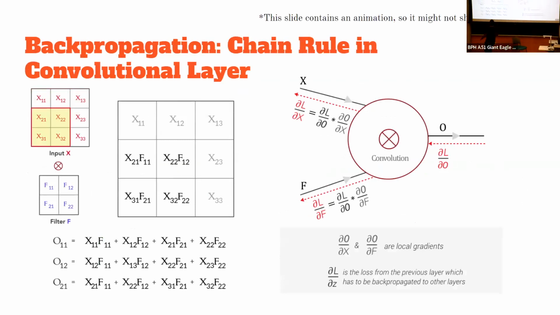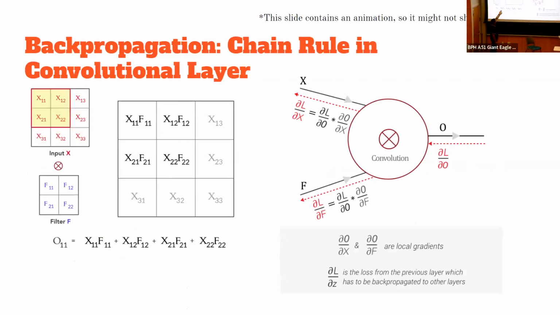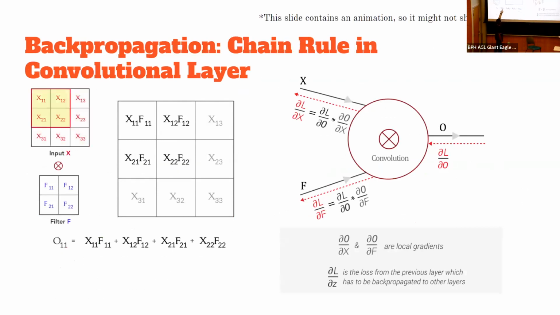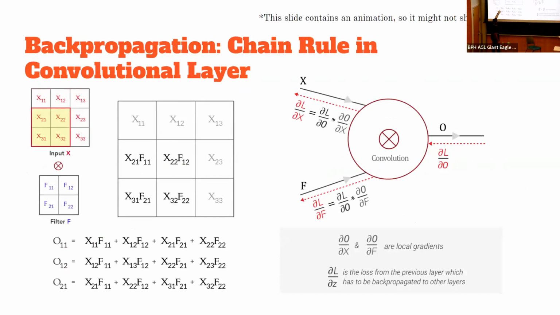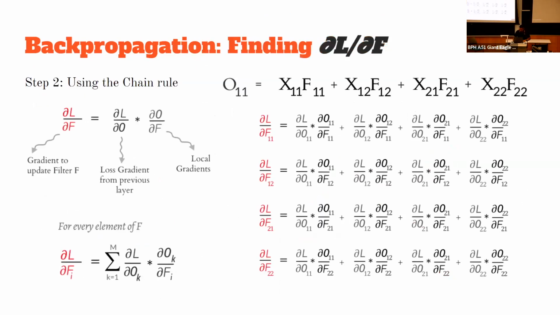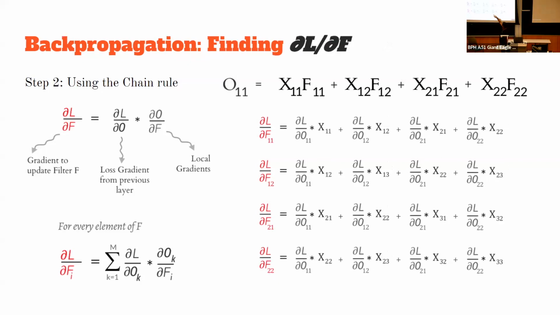When we are doing the simple convolution operation, we also have x terms represented like this, like 1, 1, and then the weights f represented like this. Let's look at the first equation. Notice the indices are 1, 1, 1, 2, 2, 1, and 2, 2, right? Now, when I look at the equation of the derivative of loss with respect to f11, we see that the indices written are 1, 1, 1, 2, 2, 1, and 2, 2.